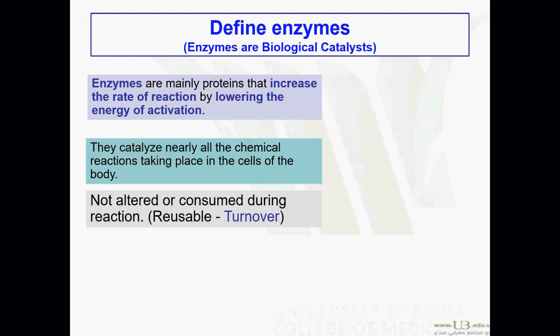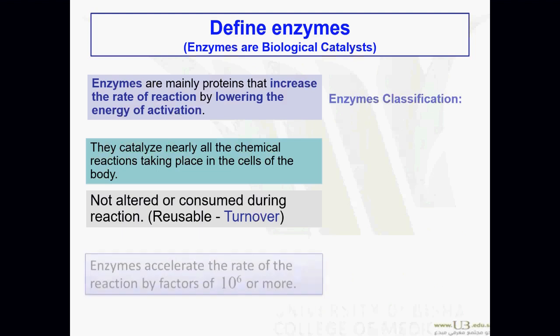They can be used without changing their nature and without being consumed during the chemical reaction. So we call it reusable, or turnover of the enzyme, that can be effective in a specific reaction without having its specific nature changed or altered.